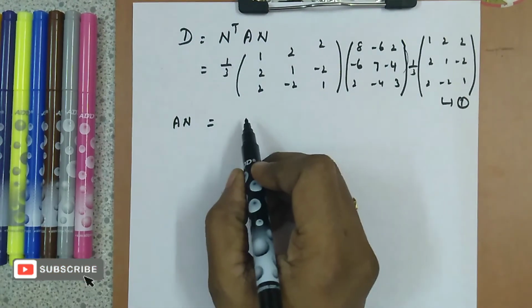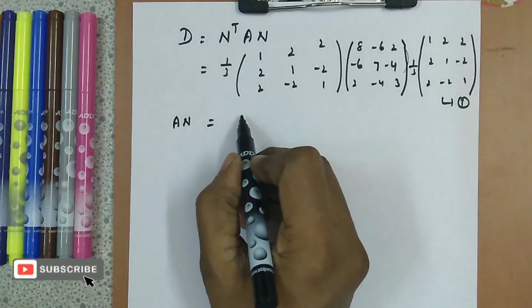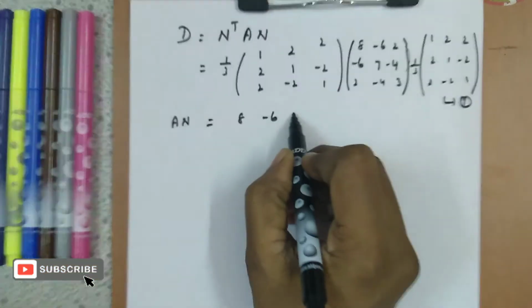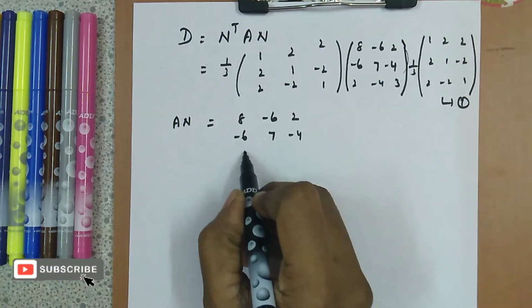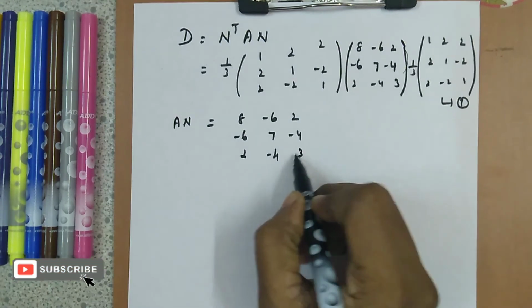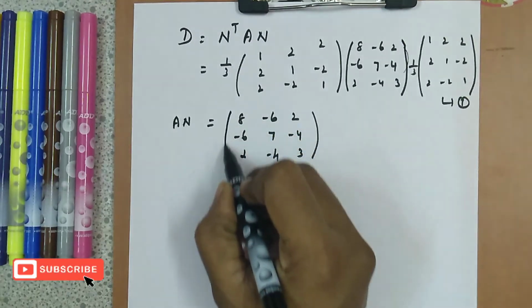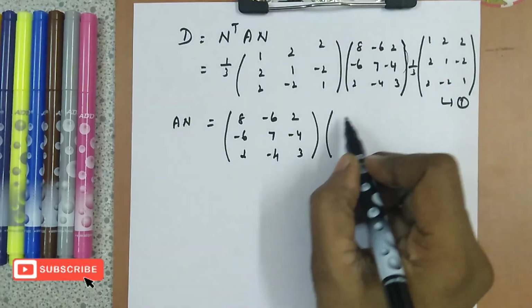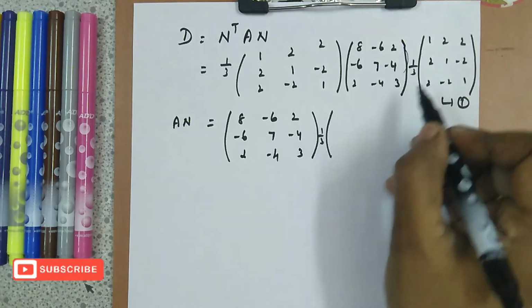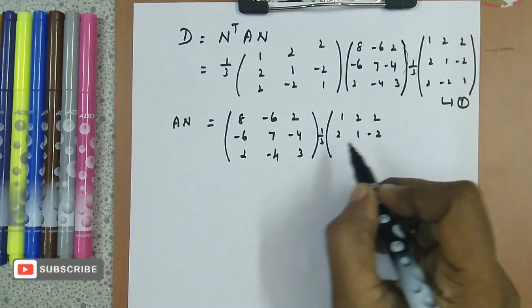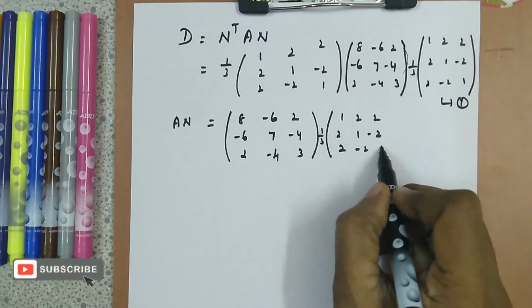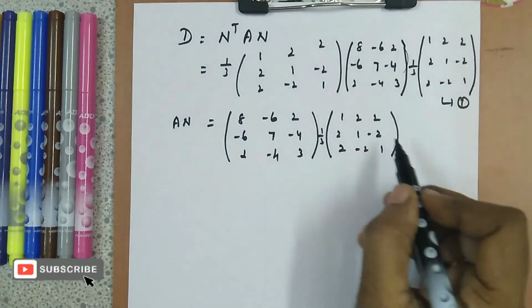Then only we can get the right answer. So first we need to multiply these two.